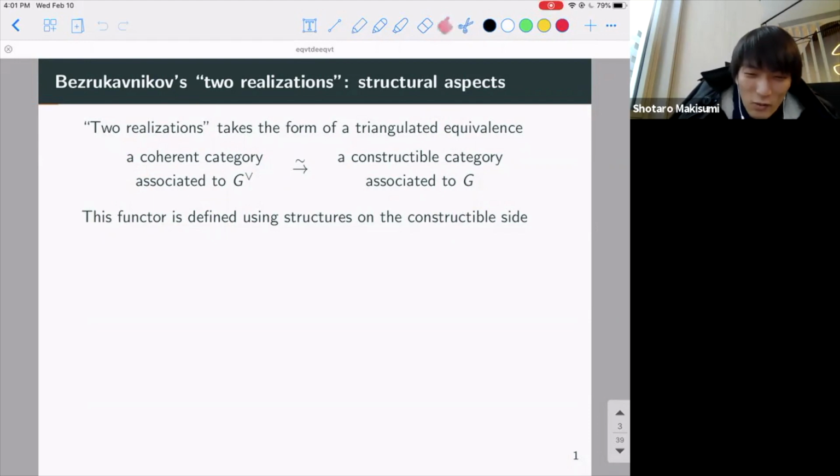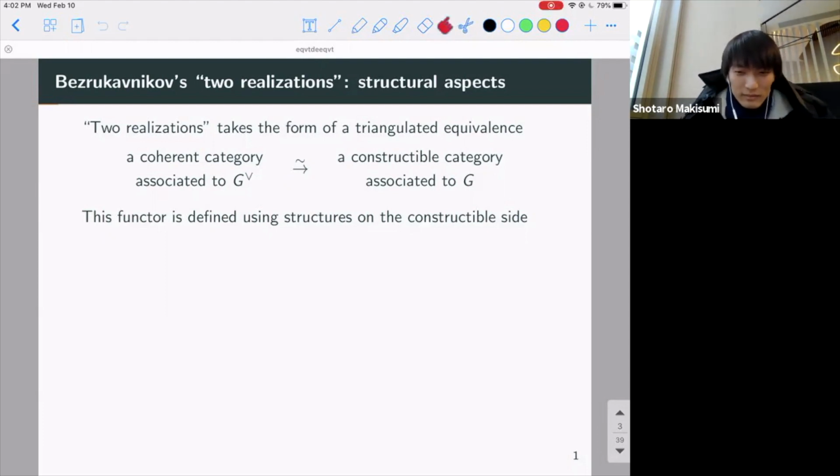Maybe it's worth pointing out that that's the most adult version of this equivalence, but more baby versions were known before, involving things like G-check coherent sheaves on the Springer resolution versus an appropriate thing on the constructible side.